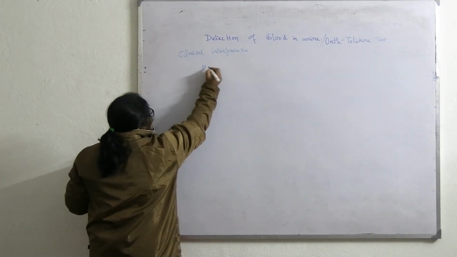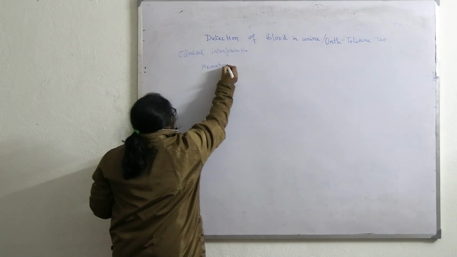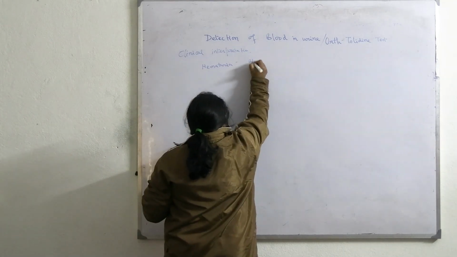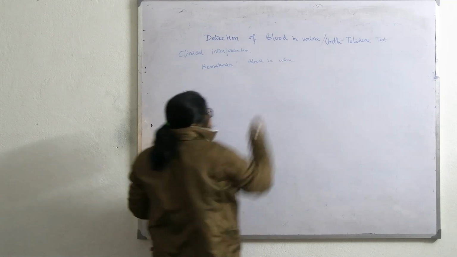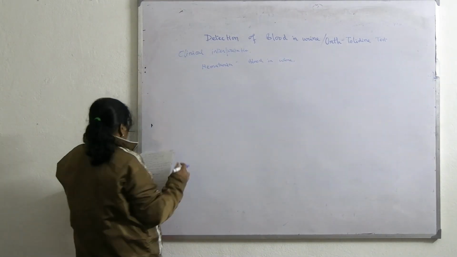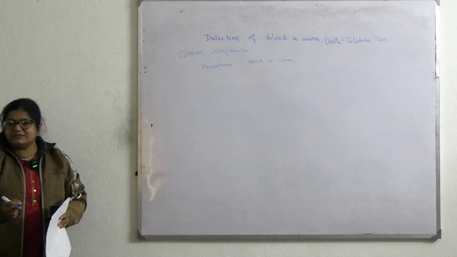What is hematuria? Blood in urine. It may be gross hematuria or microscopic hematuria. Gross hematuria means by naked eye you can see it. Microscopic, by naked eye can't see.